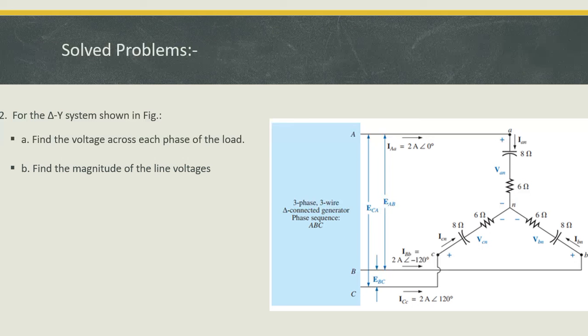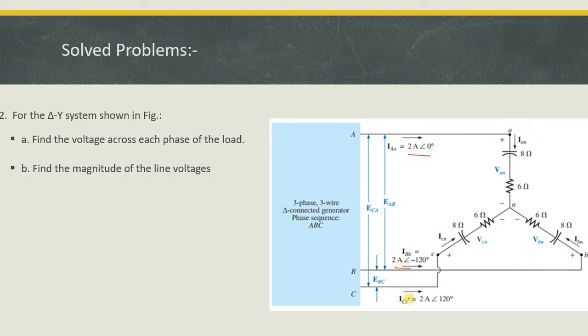Once again for this problem it is a balanced load configuration. Each phase has a series combination of 6 ohm resistance and 8 ohm capacitive reactance. And the problem specifies the line current is 2 ampere at an angle of 0 degrees.